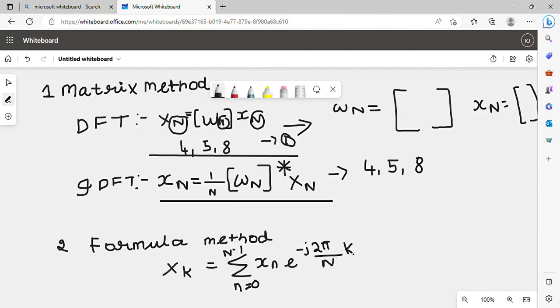So this is your formula for the formula method, that is DFT.